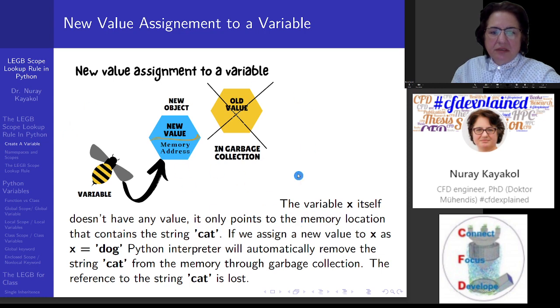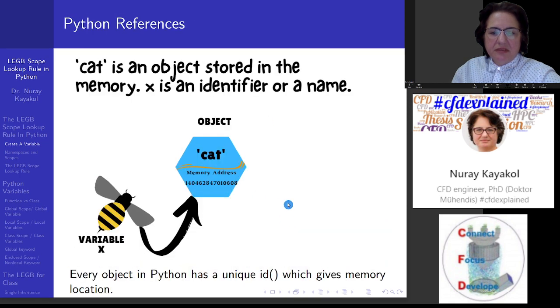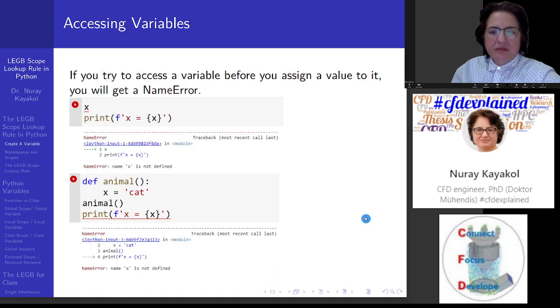So I will skip this part. If you are interested, you can watch the previous video. Just remember the ID built-in function will tell you the memory address of an object. We have seen this, and this is the NameError.